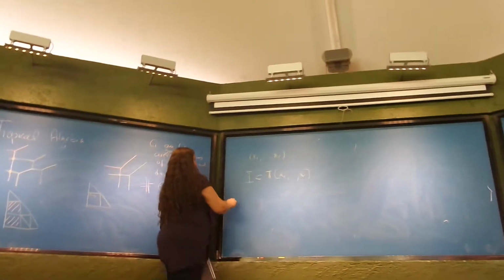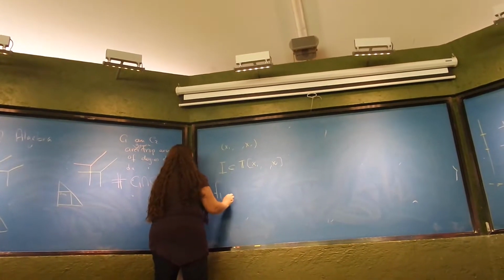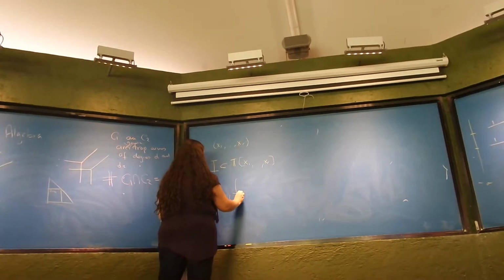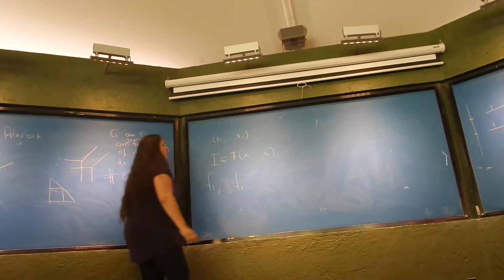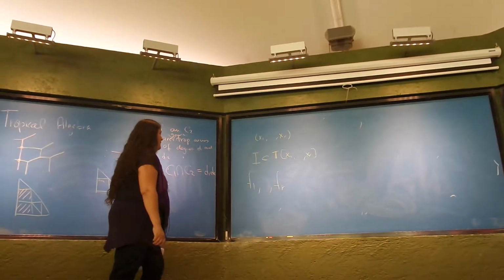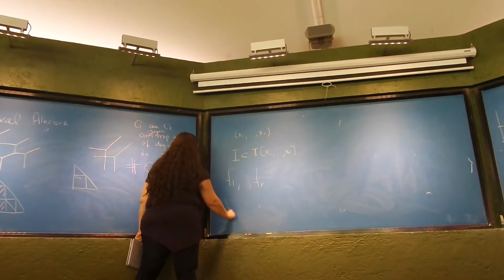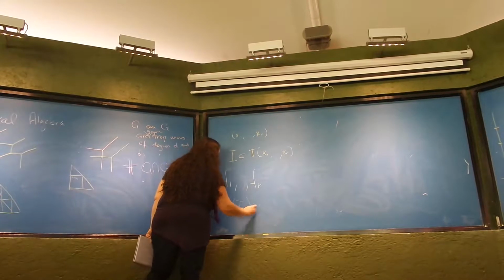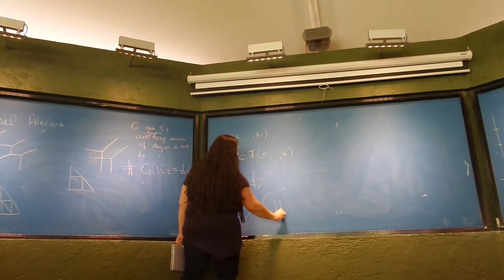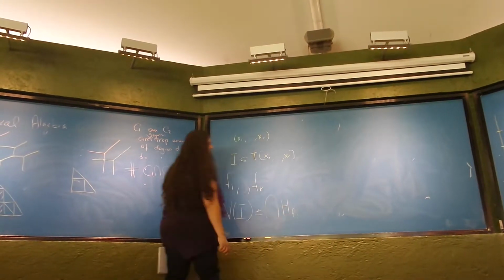And for example, if we have the ideal generated by a set of polynomials, it's not going to be true that the variety defined by the ideal will be the intersection of the hypersurfaces defined by the polynomials.